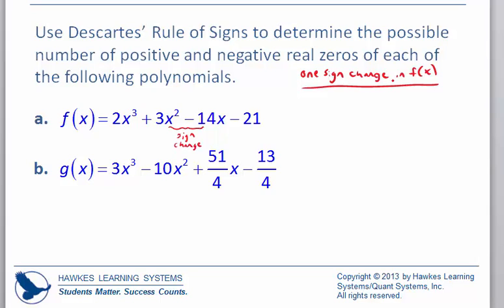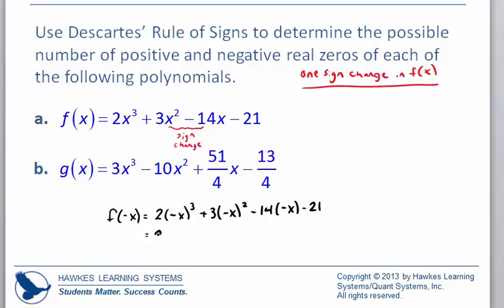Now, Descartes' rule of signs also says to look at f of negative x. So I'm going to evaluate f of negative x, which means I'm going to put a negative x everywhere there's an x. Then we simplify this function and look for sign changes.